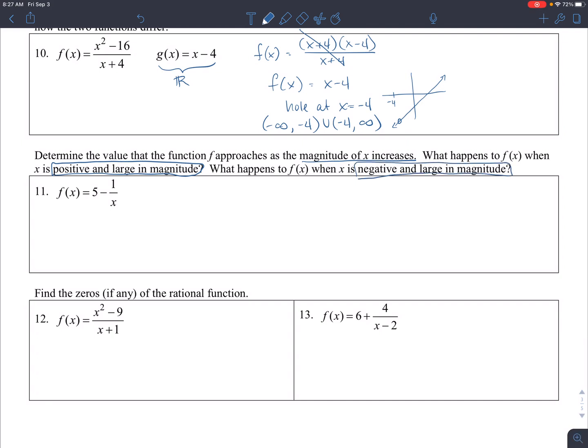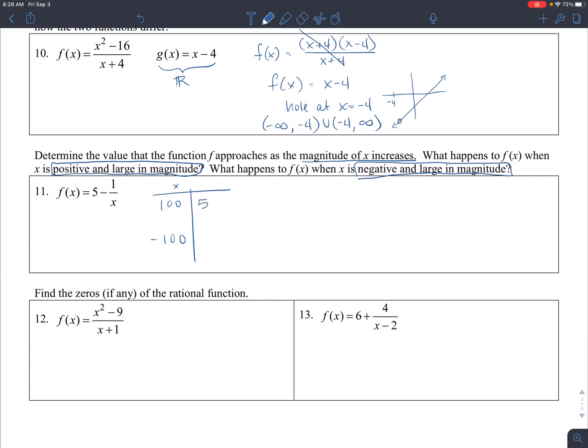In other words, what happens when x goes to positive infinity, and what happens when x goes to negative infinity? That's all it's saying. Large in magnitude is just big in size. So they want you to plug in a big x value that is positive and a big x value that is negative, and then compare the two.